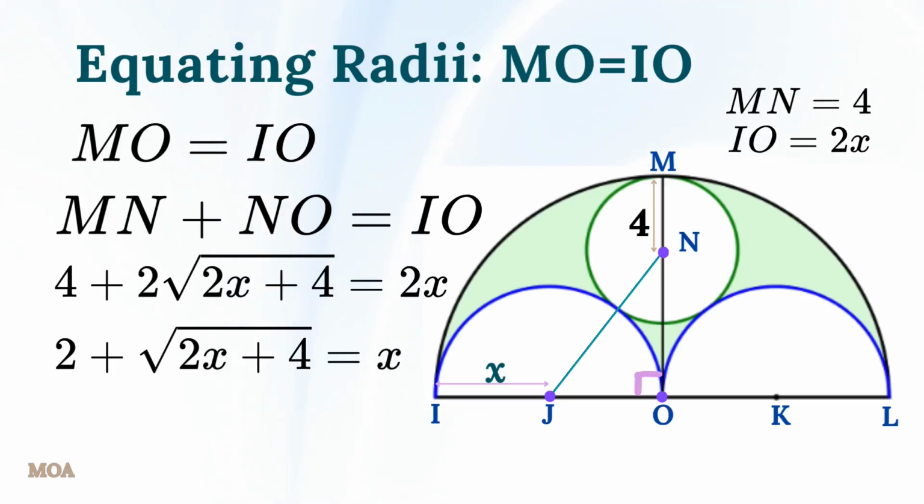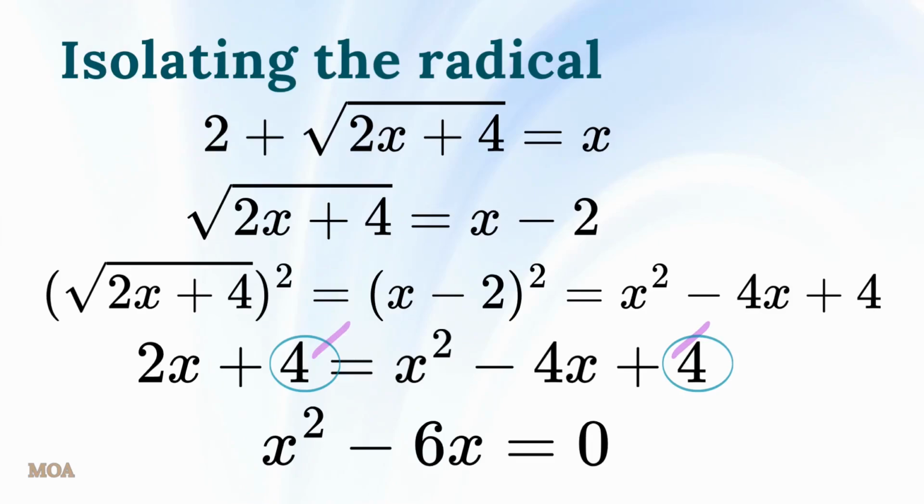Next, isolating the radical, the square root of the quantity 2x plus 4 equals x minus 2. Then, squaring both sides, we obtain 2x plus 4 equals x squared minus 4x plus 4.